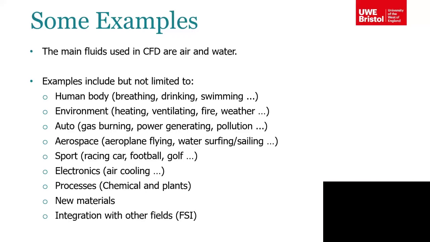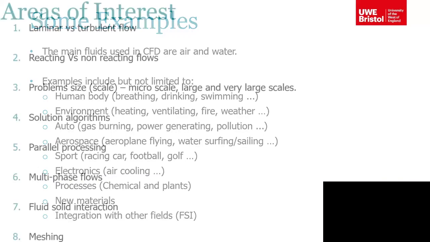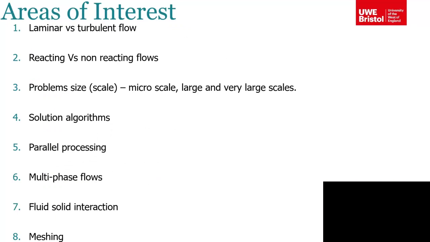So examples could be human body, environment, auto in the sense gas burning, power generation, etc. Aerospace, sport, electronics, process industry, new materials, and integration with other fields, as you said, FSI. So our areas of interest could be laminar versus turbulent flow, reacting versus non-reacting flow. This is a good distinction because when you do CFD, you don't even talk about this until you come to this lecture most of the time.